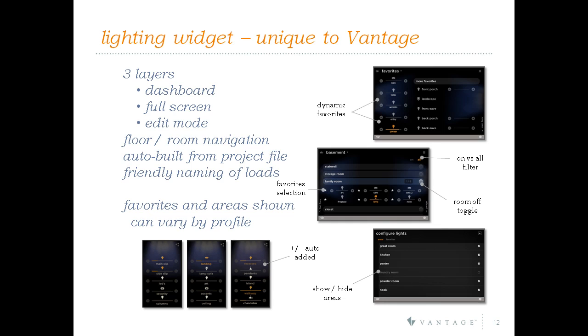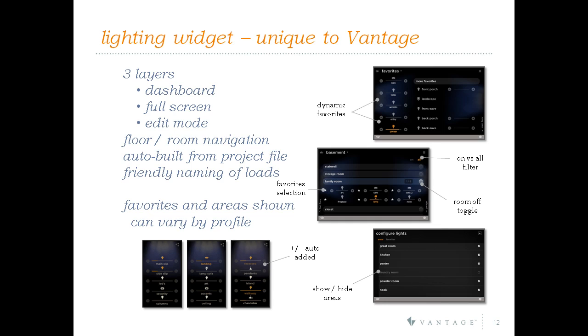So then let's get a little more sophisticated. Did you know that you can change and rearrange and should rearrange the lights that show up on the dashboard? Right, those favorites as we're calling them. So as you look at the screen here, it may be a little small on your laptop, but you see in the very center screen to the right, the middle screen, it says basement on top of it.